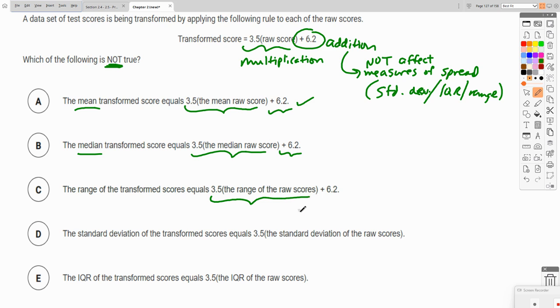There's the multiplication again, but we just said that measures of spread are not affected by addition. So I think this one is the not true statement here, but let's look at the rest. Standard deviation is another measure of spread, but here it only talks about doing the multiplication. And for IQR, it also only talks about doing the multiplication. It does not try to put in the addition. All right, so it is, in fact, answer choice C.